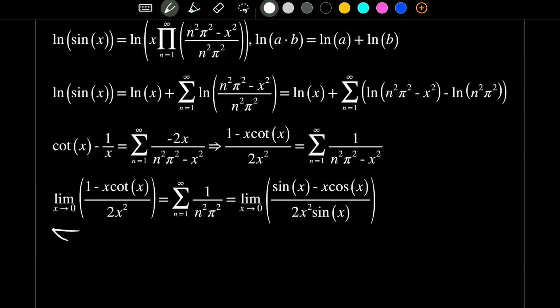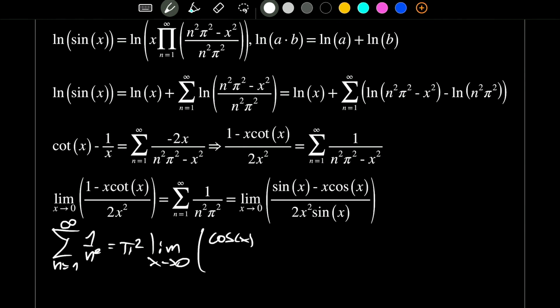So we're going to get the sum from n equals 1 up to infinity of 1 over n squared is equal to pi squared times the limit as x approaches 0 of cosine of x, which is of course the derivative of sine of x, minus, applying the product rule for derivatives, minus minus, which gives us a plus, x times sine of x.